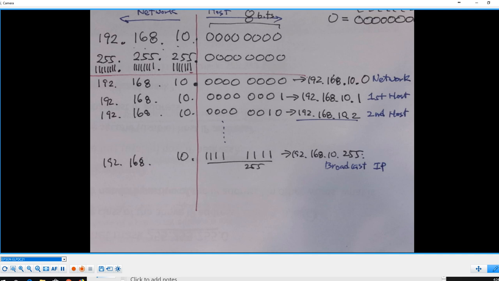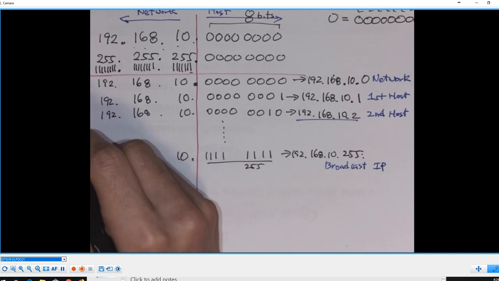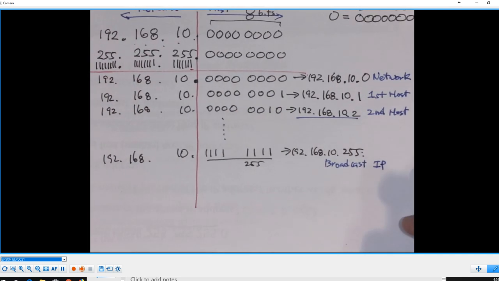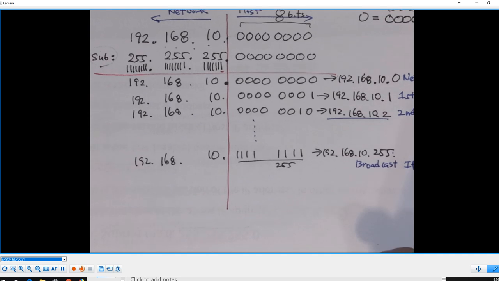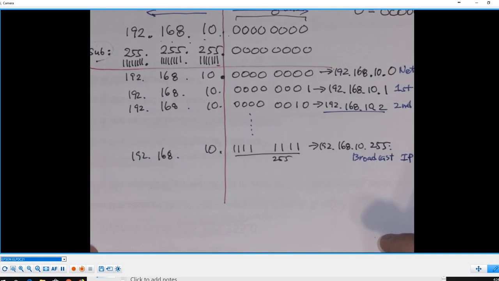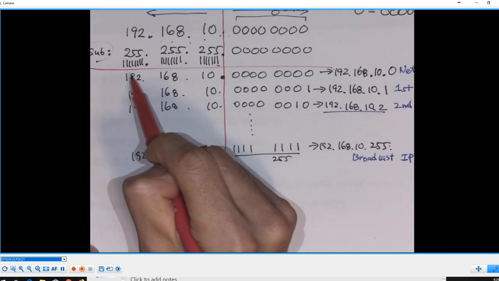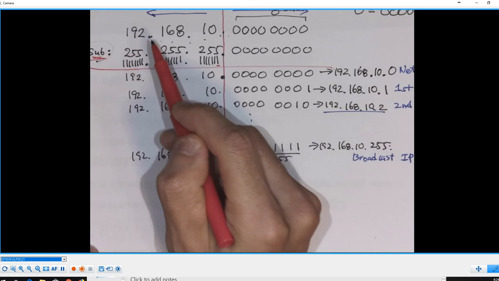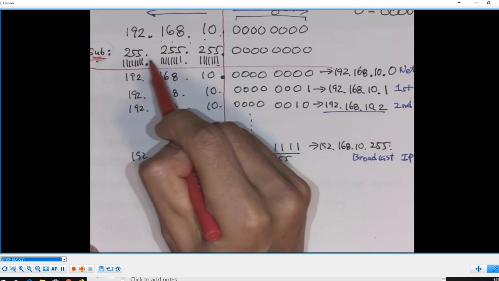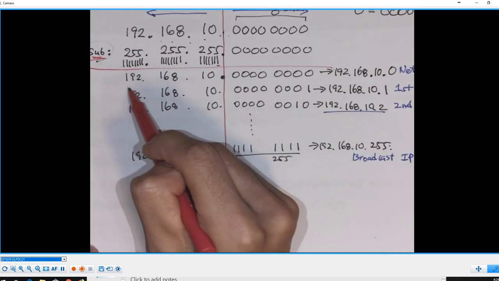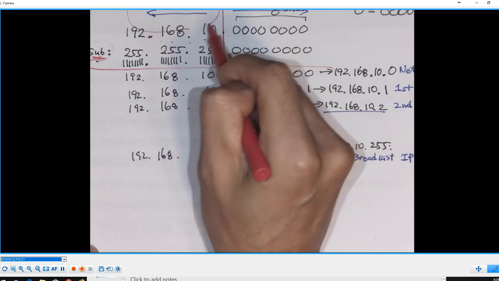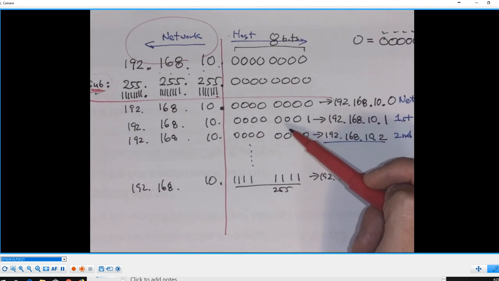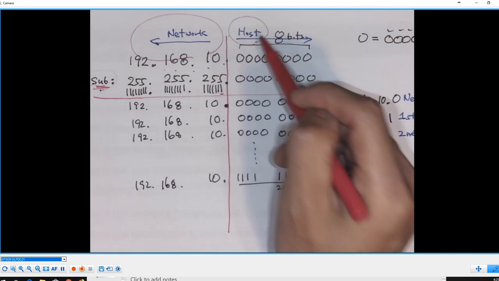Okay. Now, let's think about the wildcard mask. You know the wildcard mask is the exact opposite of the subnet mask, right? The subnet mask is emphasized by putting 1s. It really shows that this is your network portion and this is your host portion.